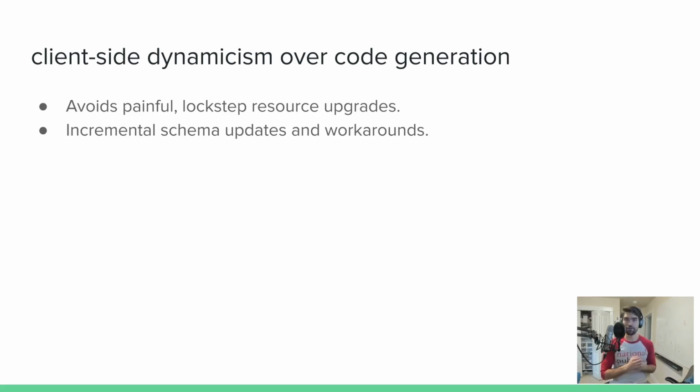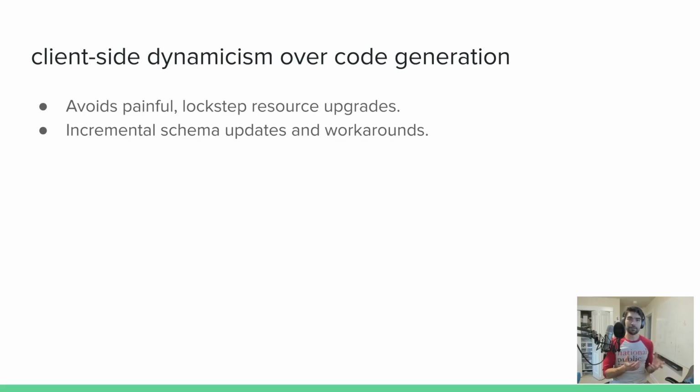So for example, if you want to take advantage of a new feature in a resource foo, but you can't because resource bar has a backwards incompatible change, and so you have to have all of your users upgrade their usage of resource bar before you can take advantage of the new feature in foo. It results in this huge, potentially multi-month gridlock where you're not able to take advantage of new features.